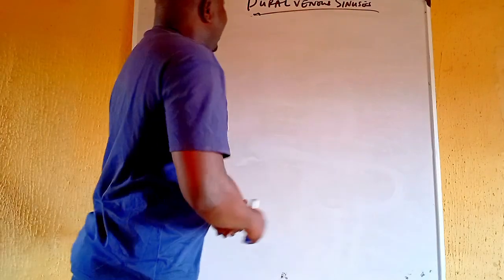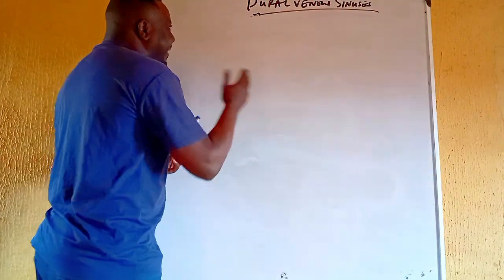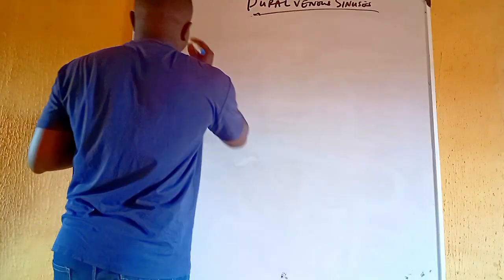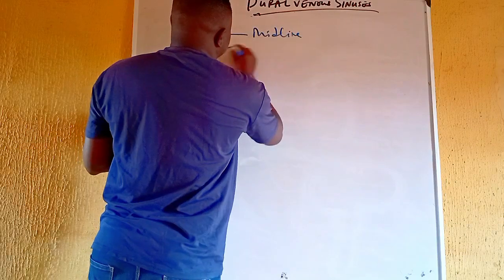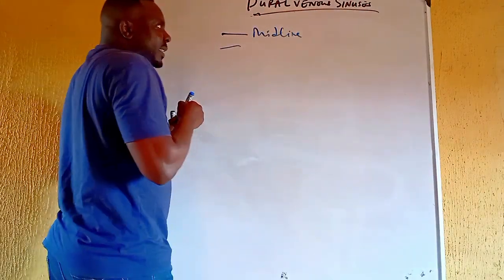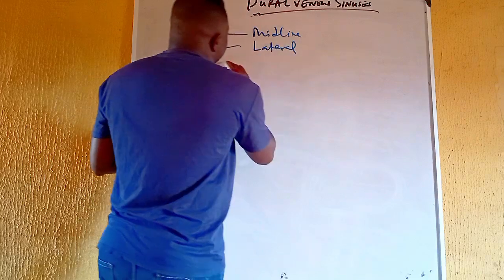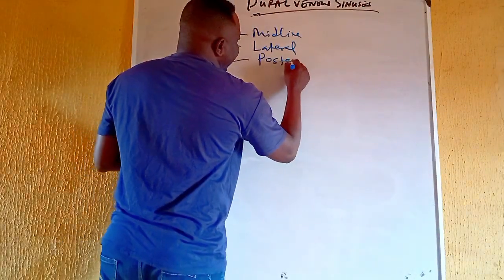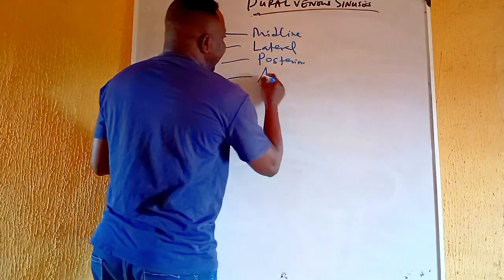Now, when we talk about the dural venous sinuses, we can categorize them into sinuses that lie in the midline, sinuses that lie laterally, sinuses that are located posteriorly, and sinuses that are located anteriorly.